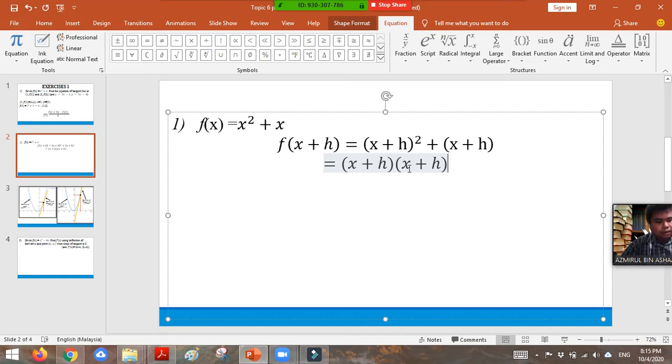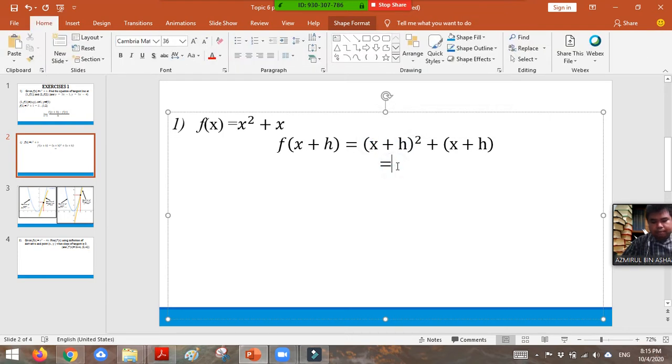Opening the bracket, first x power of 2 becomes x squared. Then 2 times x times h, 2 kali x kali h, you will get 2xh.